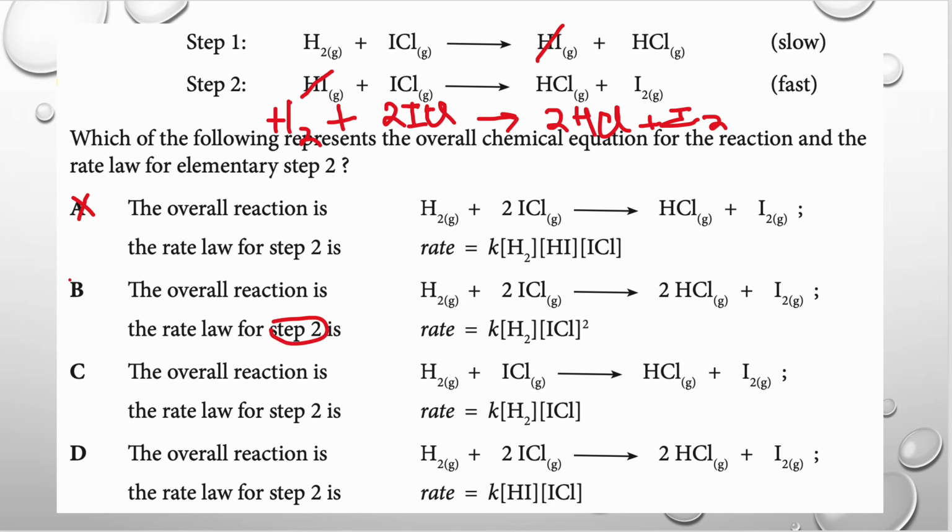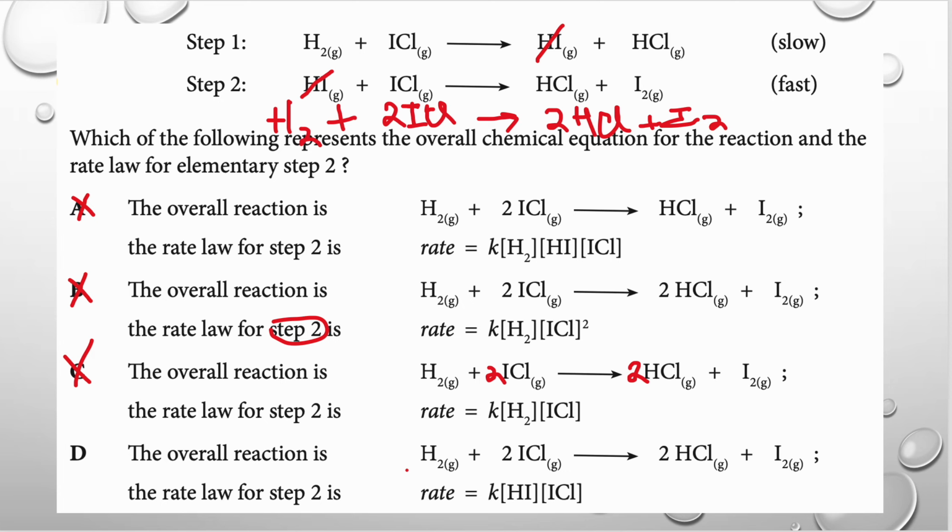So this is also not the right answer. The overall reaction is hydrogen. Okay, this is wrong because there should have been a 2 here, and we're missing the coefficients. So this is not the overall reaction. So this is also wrong.